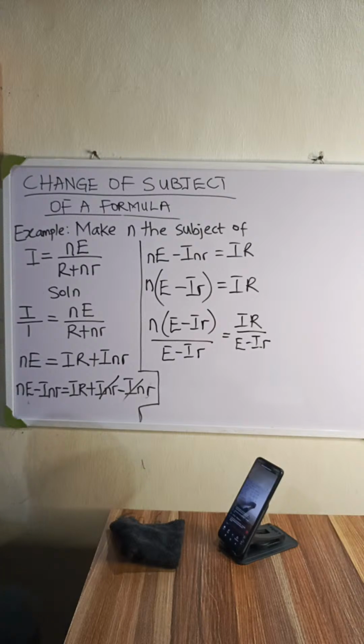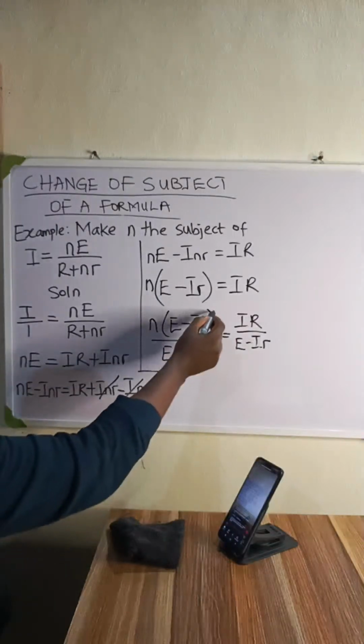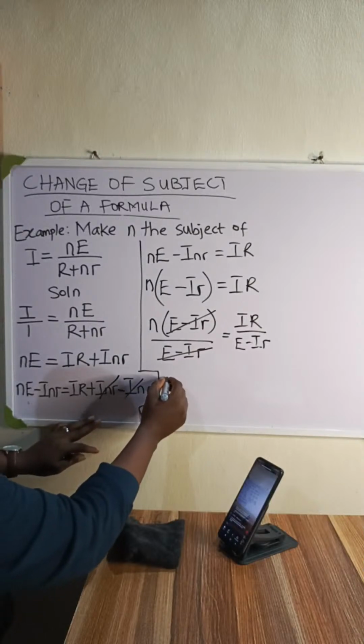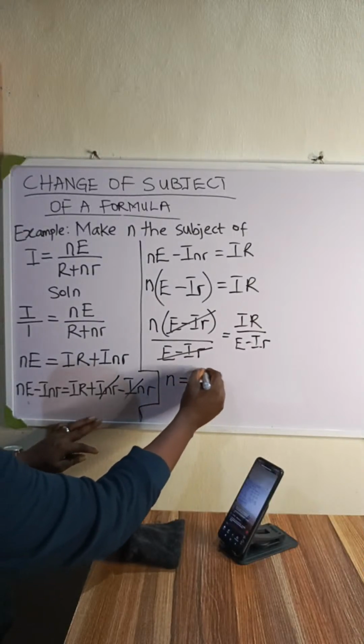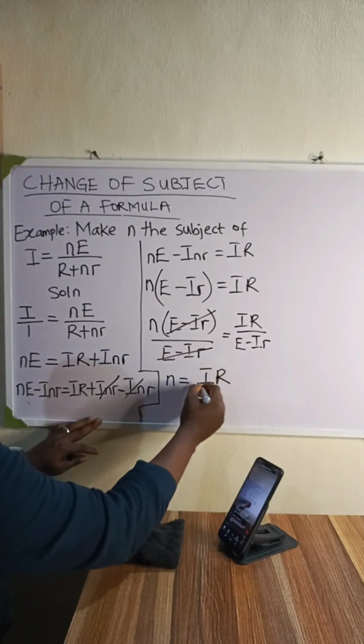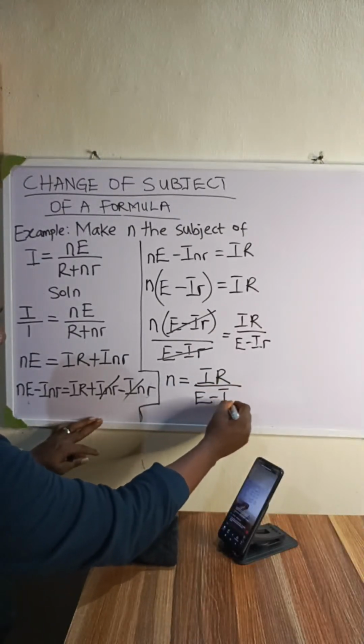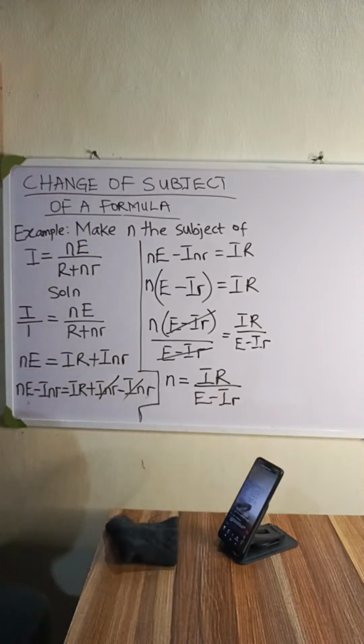This will cancel out this. So finally we're going to have n is equal to IR all over e minus IR. That becomes our answer.